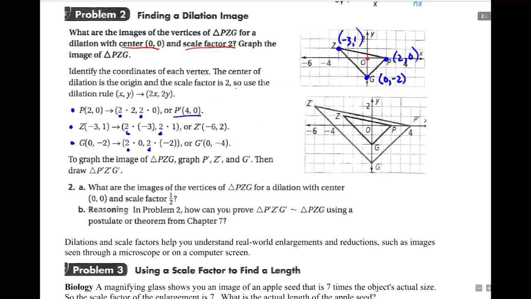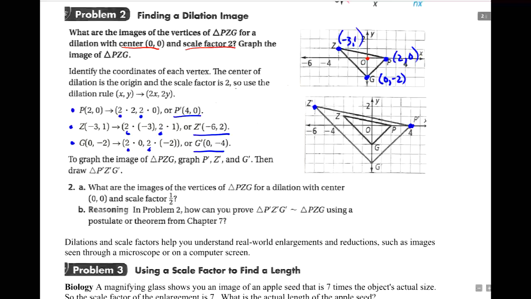And we get our image coordinates, and then we could plot those. P prime is at (4, 0). Z prime is at (negative 6, 2).